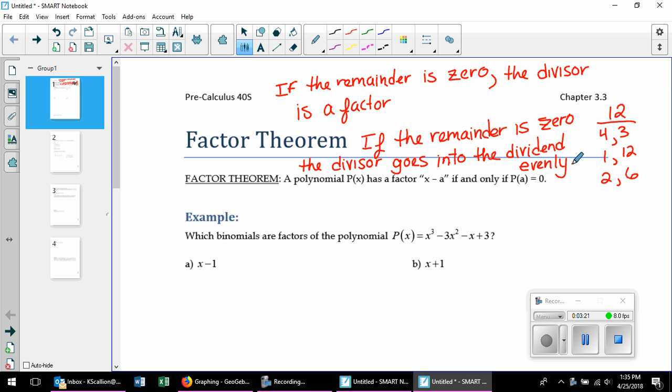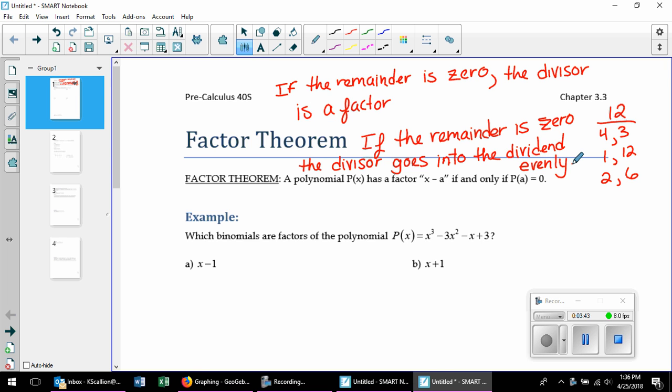Okay, so if the remainder is 0, the divisor goes into the dividend evenly. If 12, the dividend, is divided by 4, the divisor, there's no remainder left over. We have a quotient of 3 with no remainder. Same thing with binomials.